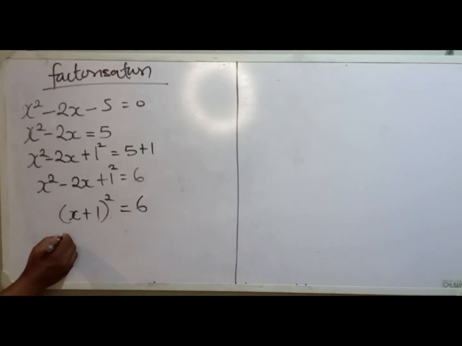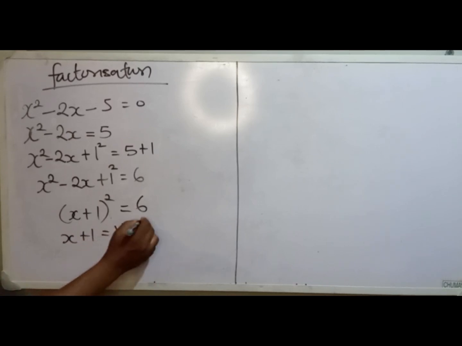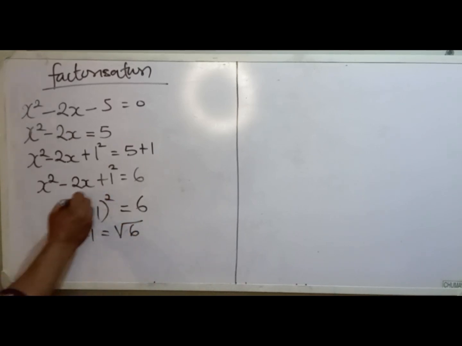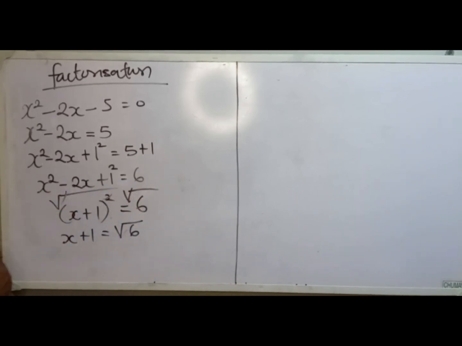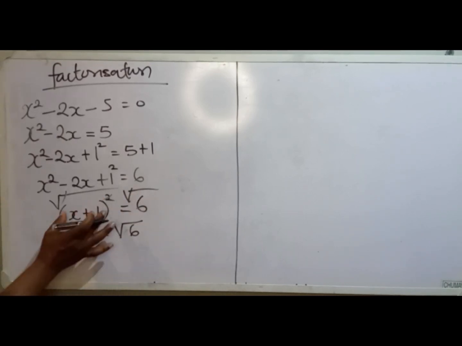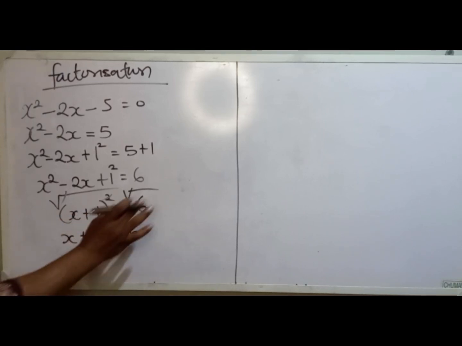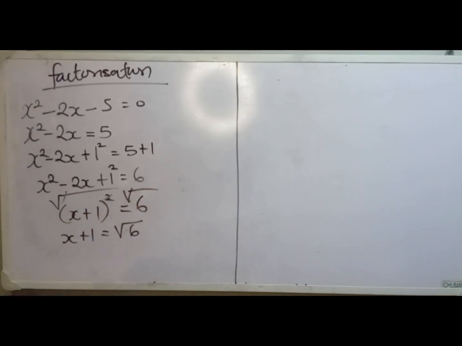Then it's now going to be x plus 1 equals the square root of 6 if I decide to take the root of both sides. The square root here will cancel the square sign. So that's exactly what I did. I brought down x plus 1, then I brought down my 6 as well.